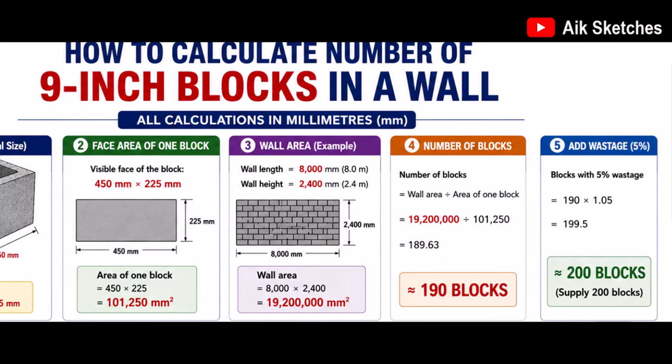So don't forget, we use a 5% addition, 5% of the blocks calculated. We're going to add 5% of it to get 199.5. And to do that, like I said earlier, do 190 times 1.05, which is equal to 199.5, which is approximately 200 blocks.